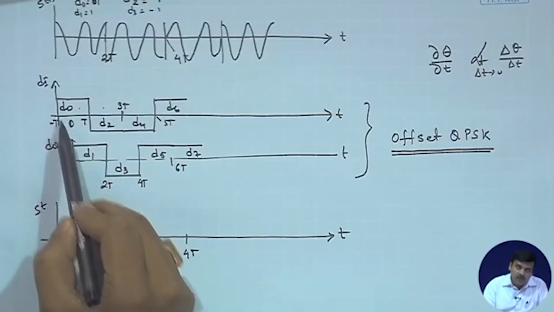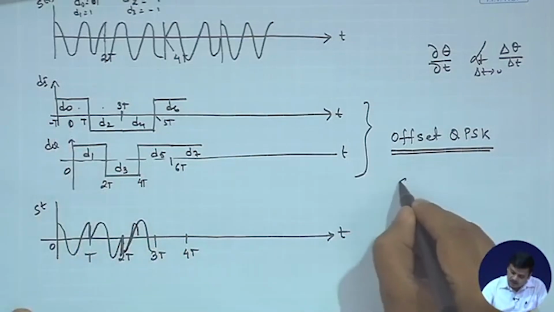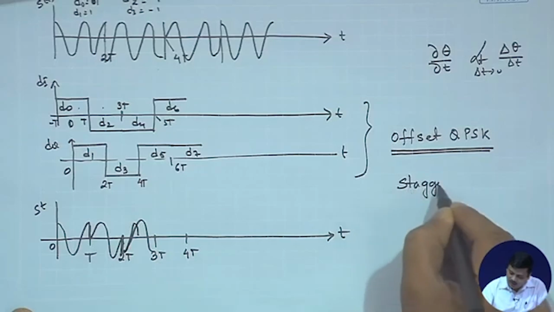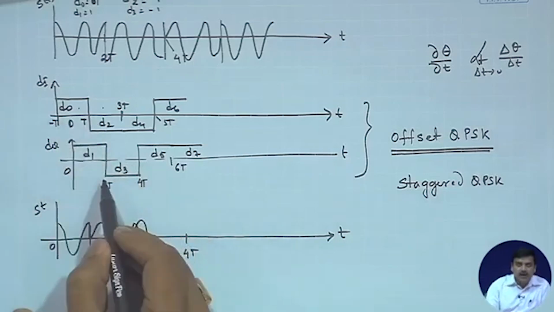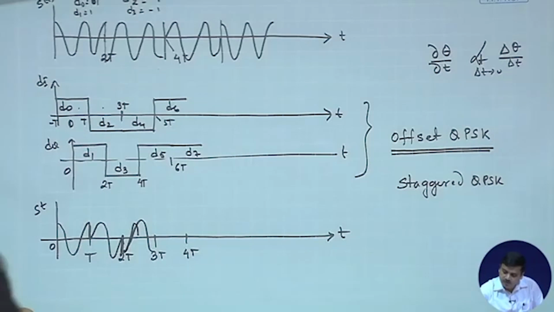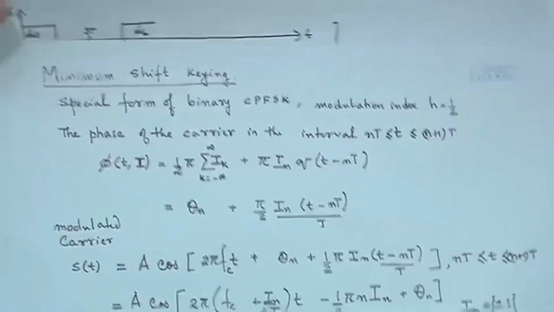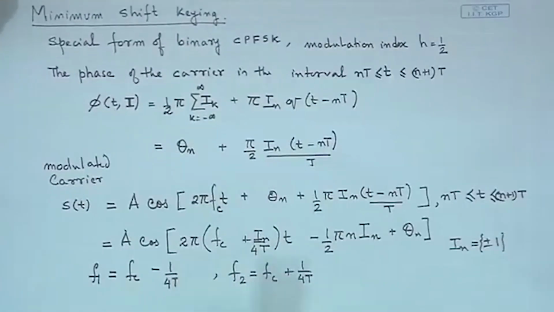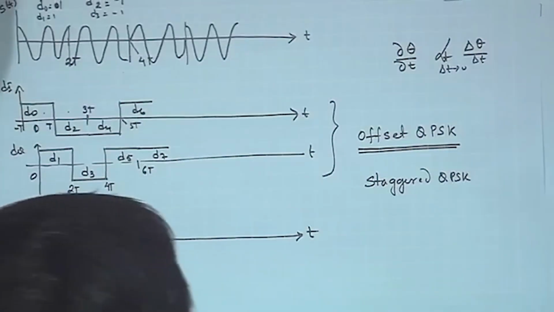So, if we would compare this with what we had before with the MSK, what we see is that there is a lot of similarity with what we are doing, and that MSK or this is also known as staggered QPSK, because you are staggering I and Q. The difference between this and the earlier one was, if we would look at the expression, you would be remembering that there is not this particular one, of course.